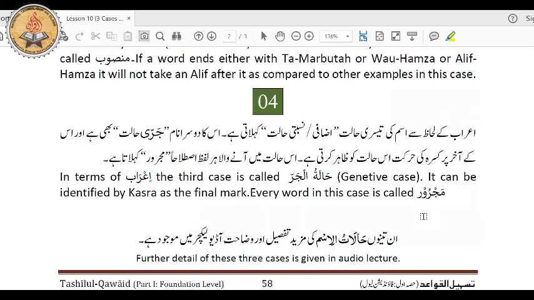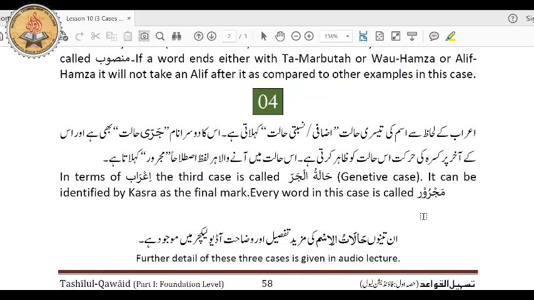So majroor means that certain factors, or awamil, have made the harakat of that word lie down, downward, toward the earth.